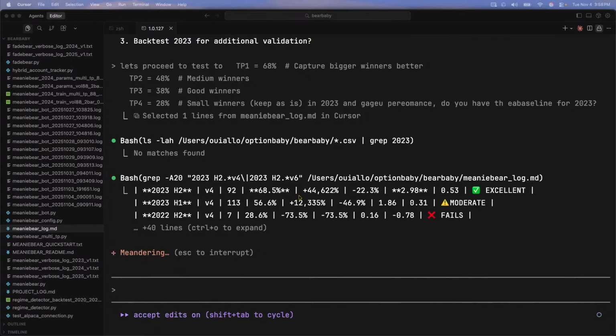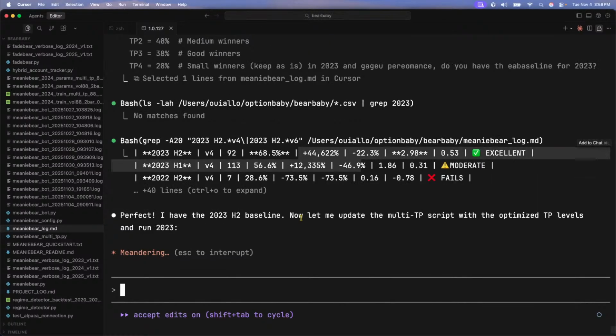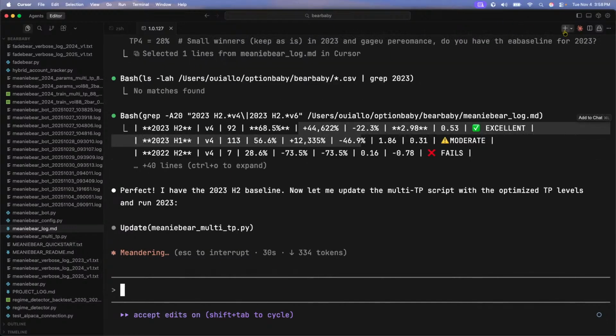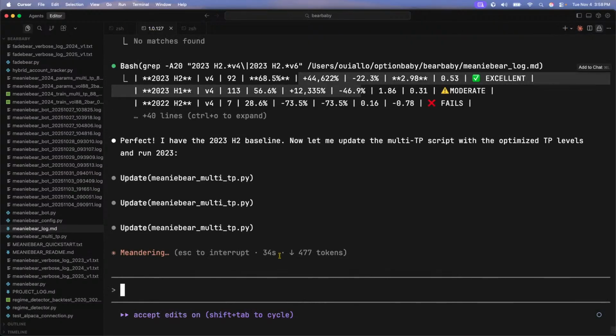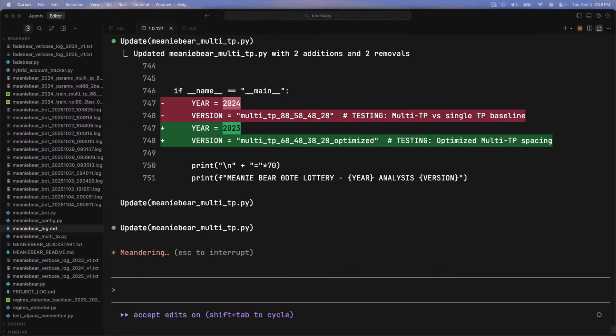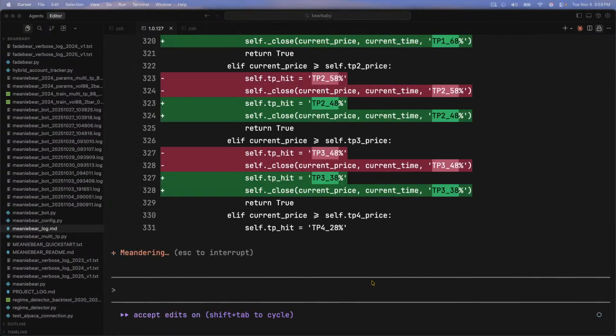All right, boom. There's the baseline. 44,000. Okay. You got the baseline. Then I'm going to open up another so I can run it on 23. Open up another one, gang.